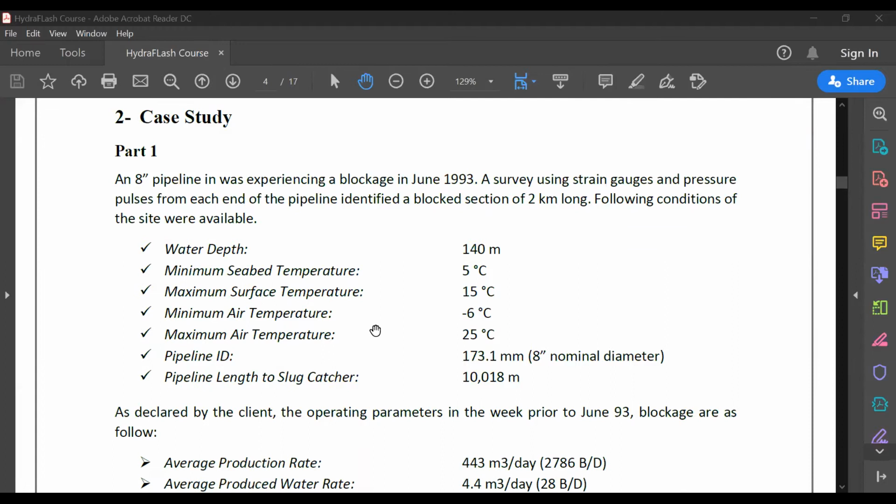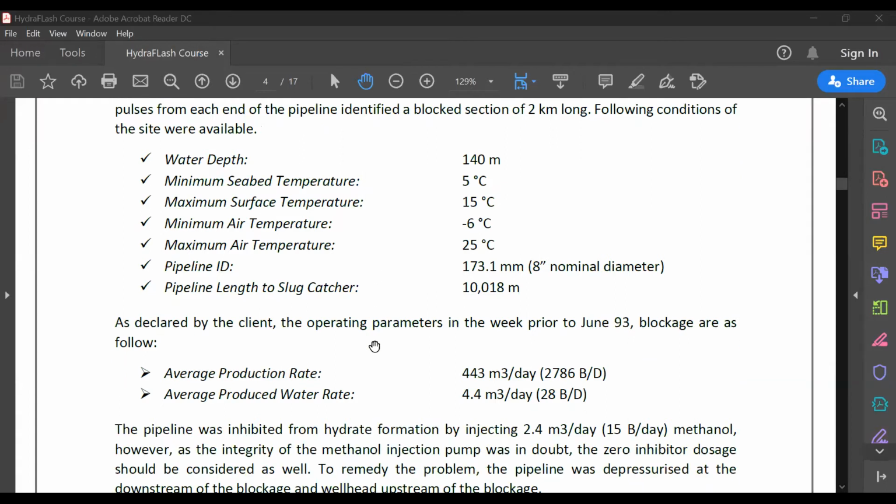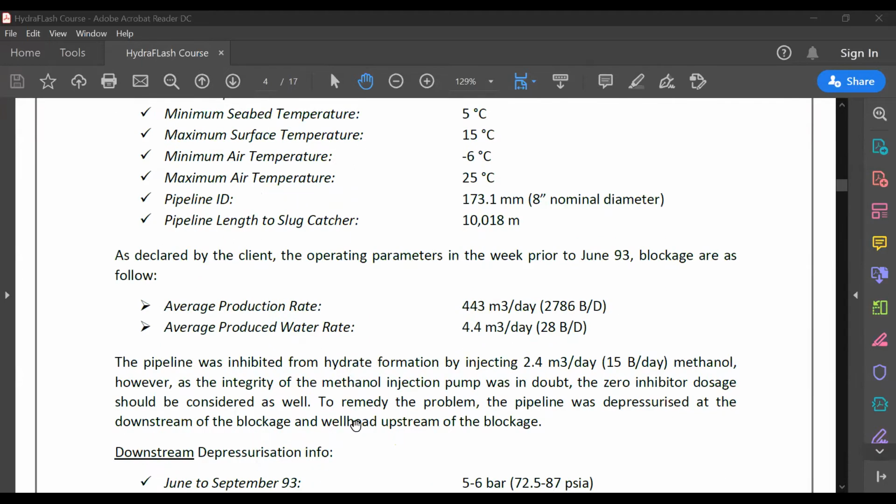Minimum seabed temperature was 5 degrees. Minimum surface temperature was 15 degrees. Minimum air temperature was -6. Pipeline internal ID was 171.1 millimeter, and pipeline length was 10,000 meters. And these are the flow rates of the production and water produced.